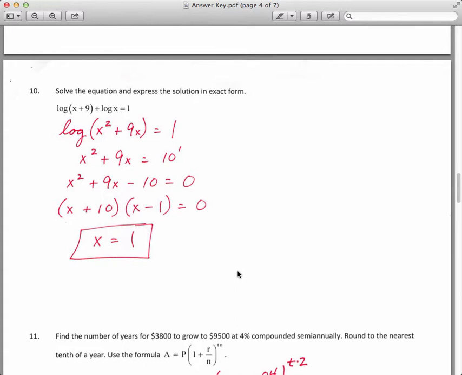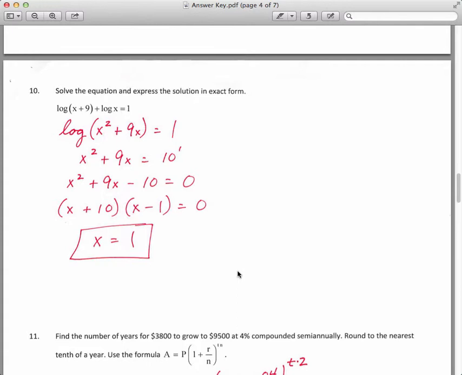So we have log x squared plus 9x equals 1. So since log means log base 10, remember how we rewrite this into exponential form. That's the best way to go. So x squared plus 9x equals 10 to the first power, which is just 10.